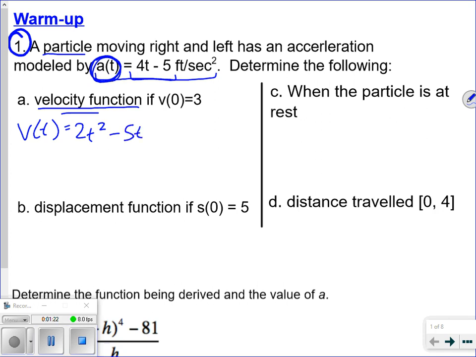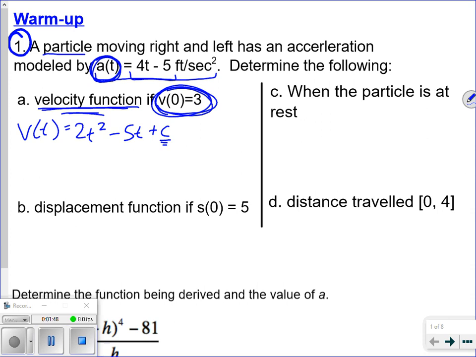And if I'm finding a generic equation, you have that plus c, okay? Now, normally we would not be able to find out what that c is, but if we're given an initial condition or a point for velocity, I can actually solve for that c value, okay? So if you're asked to integrate, and they give you an initial condition, then you can use that to solve for c.